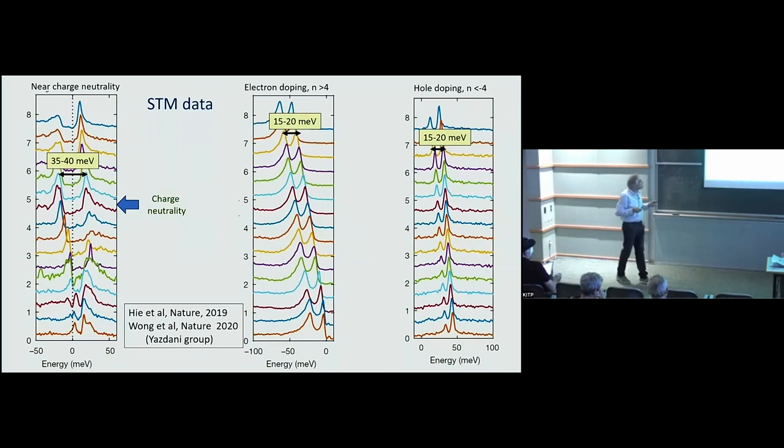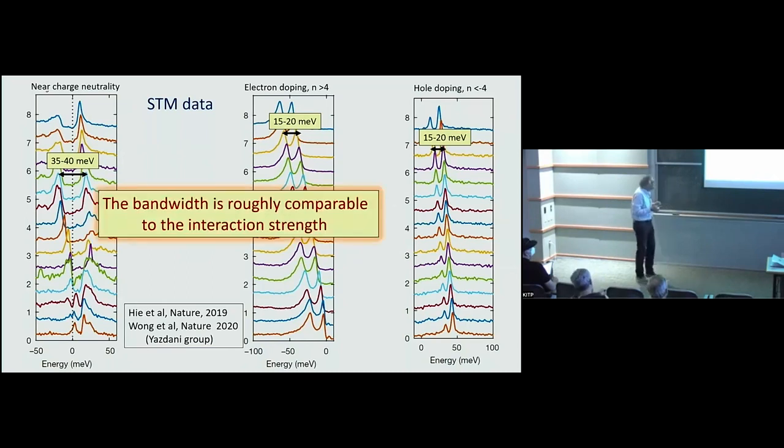But you can go to either larger electron doping or larger hole doping, when both peaks are on one side of the chemical potential, then the width is smaller, but it's still 15-20 meV. And generally, it means to me that the width is roughly comparable to 1/100th of an electron volt. So it's the same as the interaction strength, although nobody can probably say more than this.